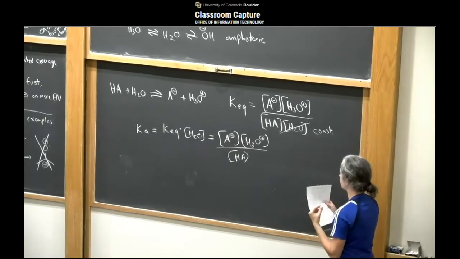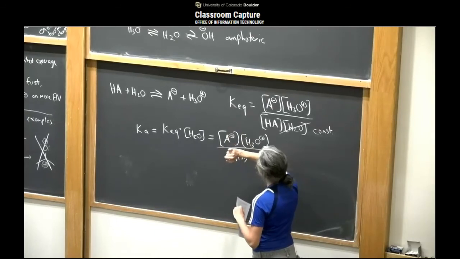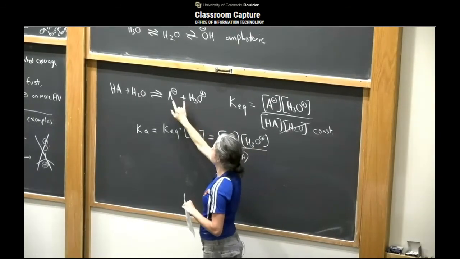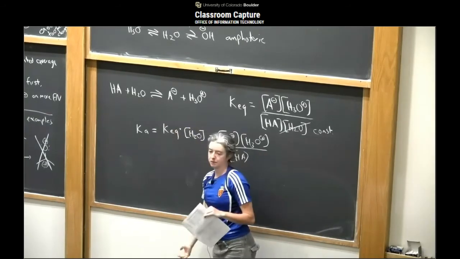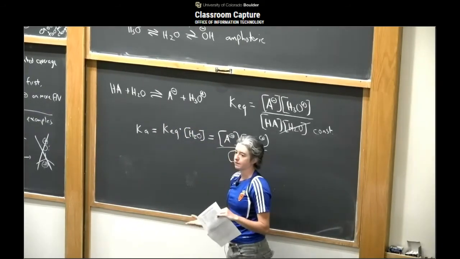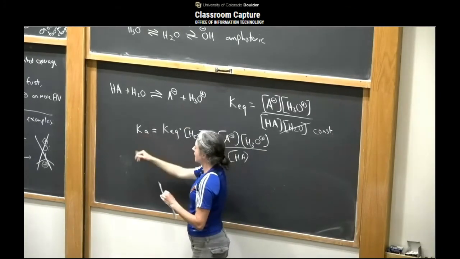Okay, so basically the bigger the equilibrium constant is, the more this is happening, which means the more HA gives up its proton, which means the more acidic it is, because it's giving up protons like crazy, which means the bigger Ka is going to be.